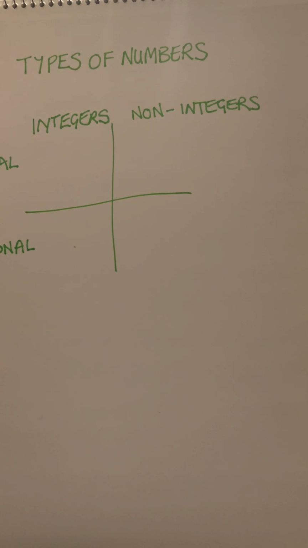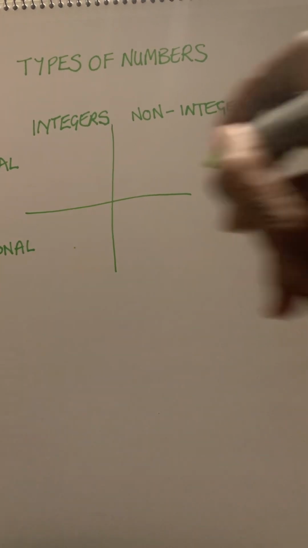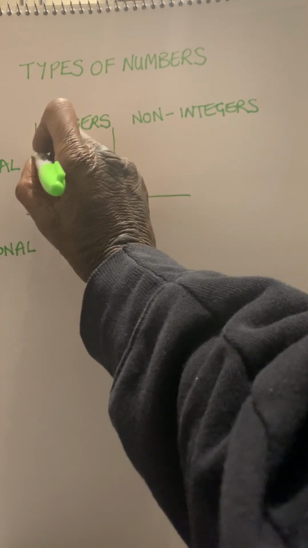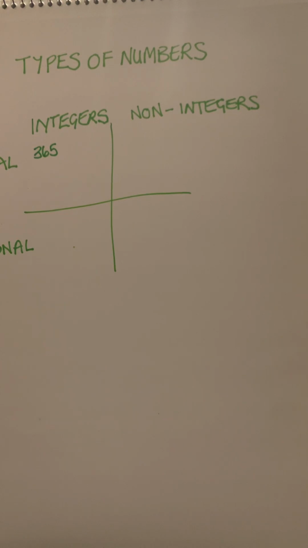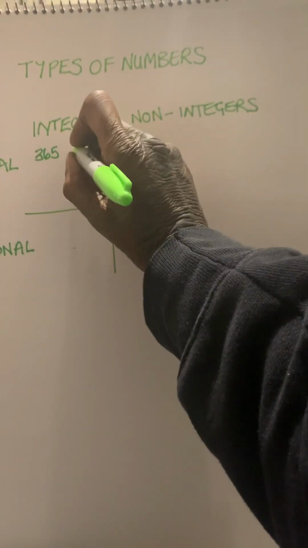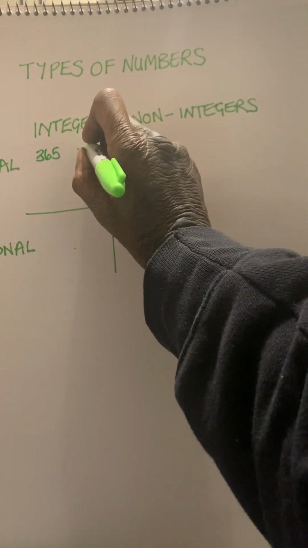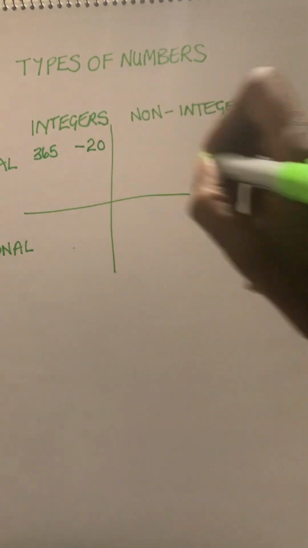So integers are always whole numbers, including the number naught. So you could say something like 365, or you can also say minus 20 is an integer.